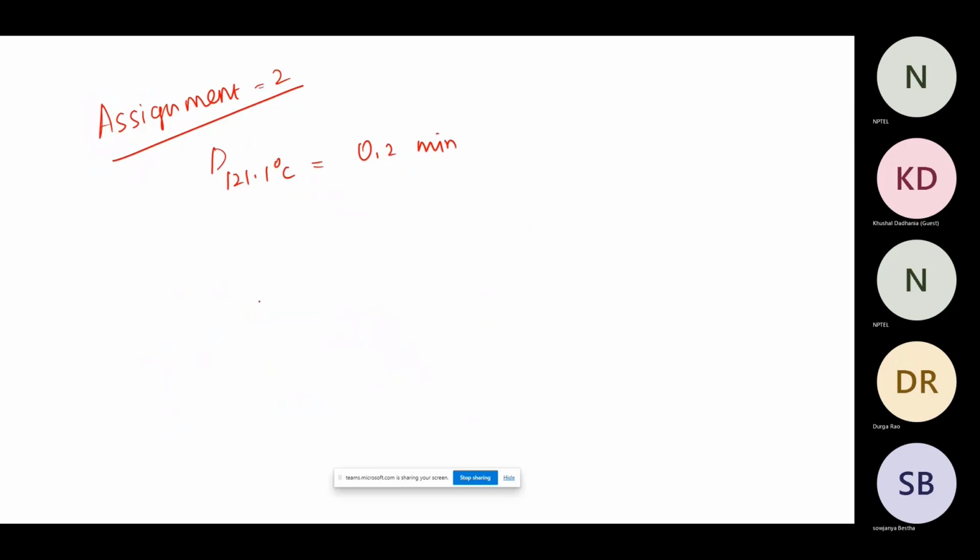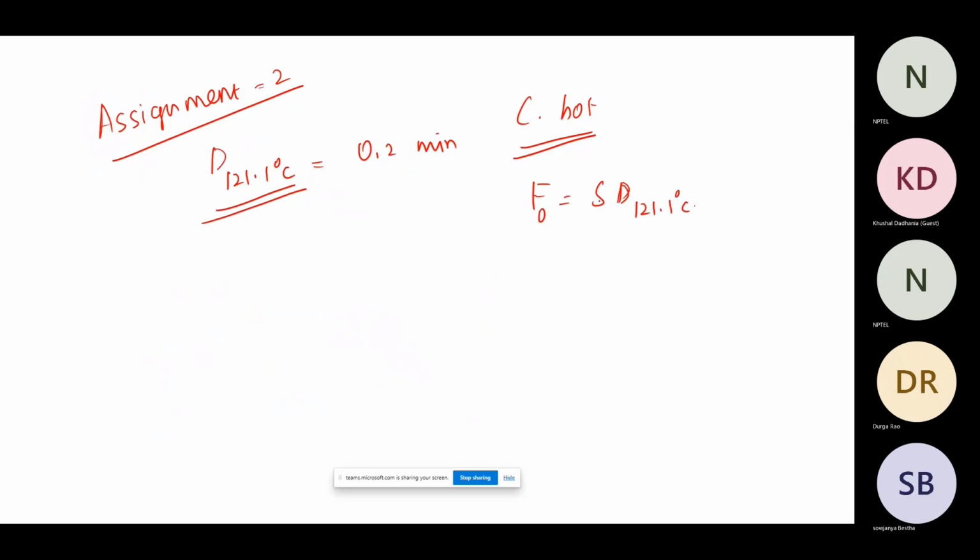Now another question asks to find the F0 value generally accepted as a realistic minimum botulinum thermal process, because we said that C. bot is the most heat resistant. We are supposed to find the F0 value. F0 value is calculated at 121 degree centigrade only.